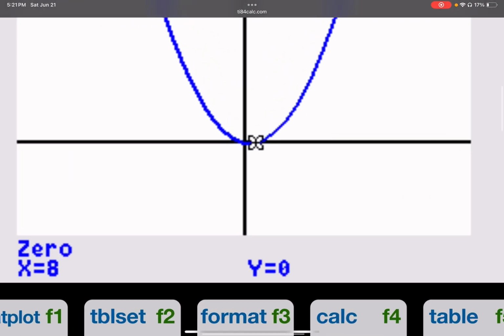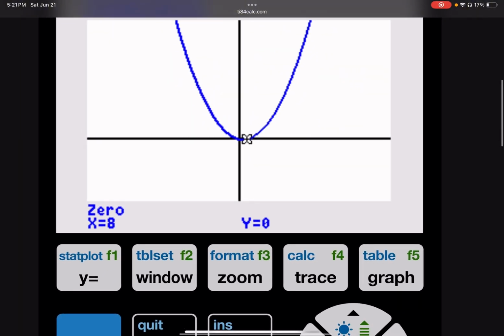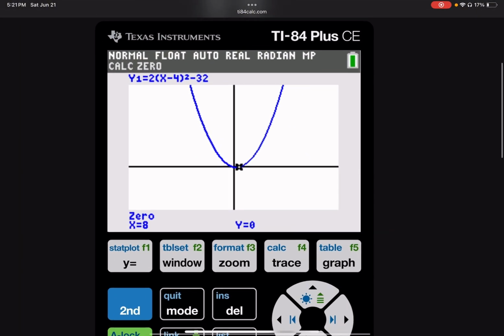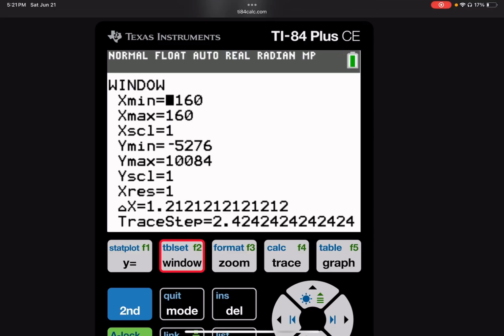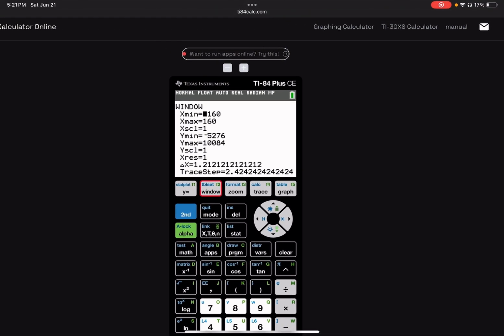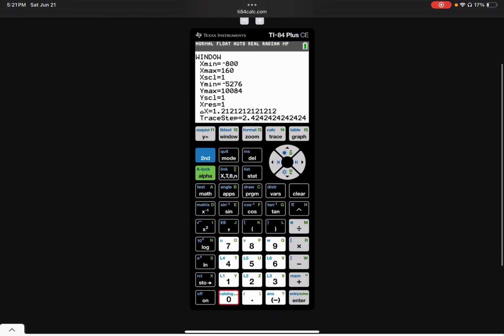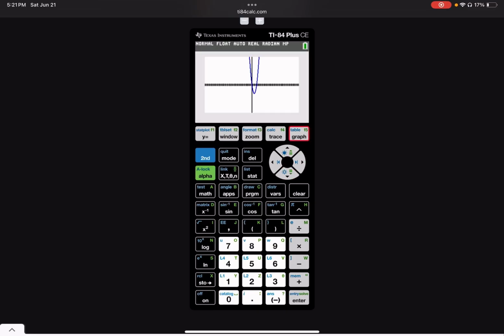It's hard to see because of the settings here, but if I were to make the window smaller, like for instance, negative 80 and 80, and then negative 100 and 100, graph it here, we see it a lot more distinctly.